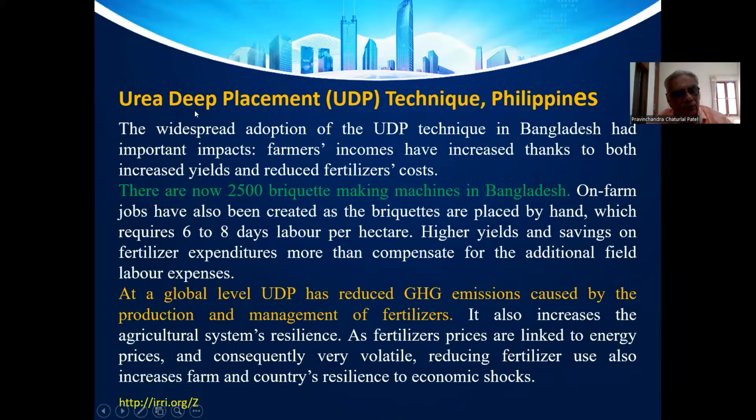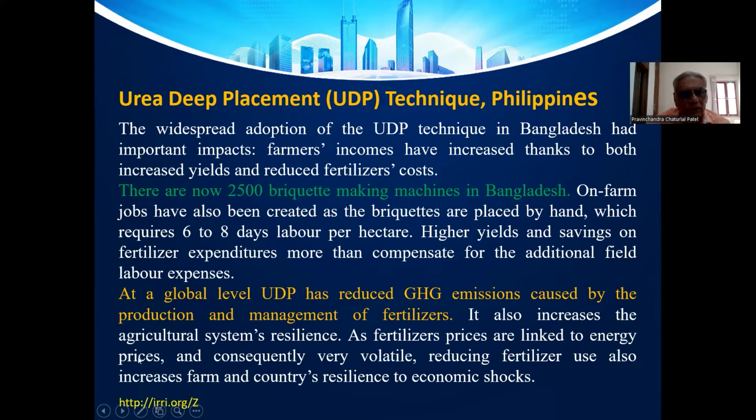Then, why the urea displacement technique, Philippines? The widespread adoption of the UDP technique in Bangladesh had important impacts. Farmer incomes have increased thanks to both increased yield and reduced fertilizer cost. There are now 2,500 briquette-making machines in Bangladesh. On-farm jobs have also been created, so it creates job opportunities also.